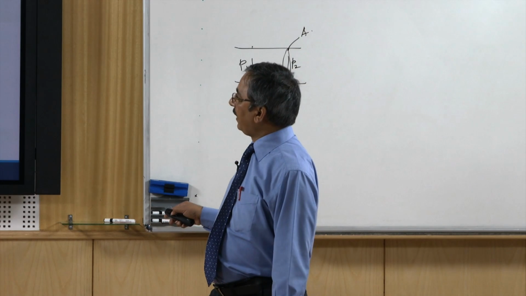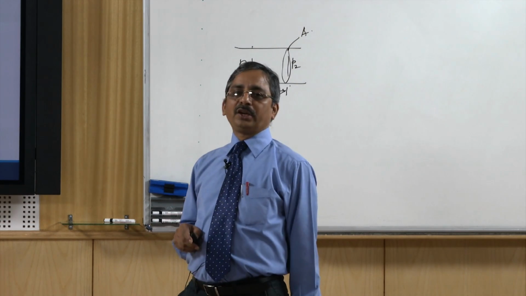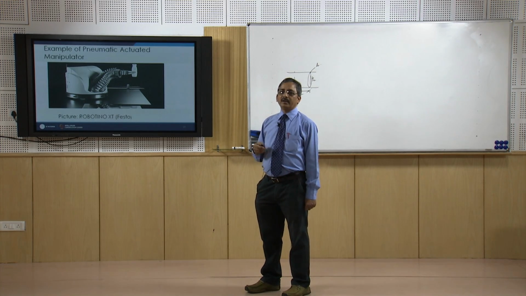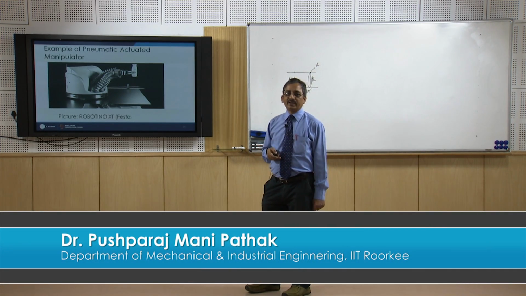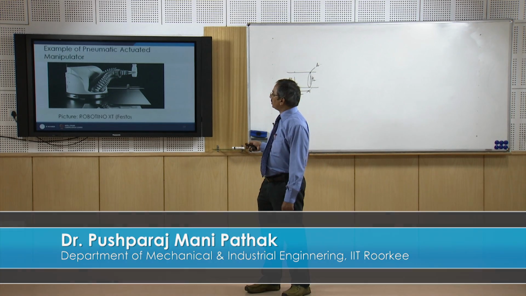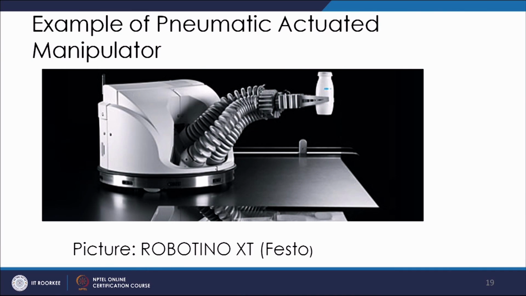You can think of modeling each segment of the tube using the 2 basic building blocks which we have used for modeling of the bellow. Those concepts can be used for modeling of these 6 tubes connected here, and of course, from there you can try to find out the tip position of this pneumatic manipulator.